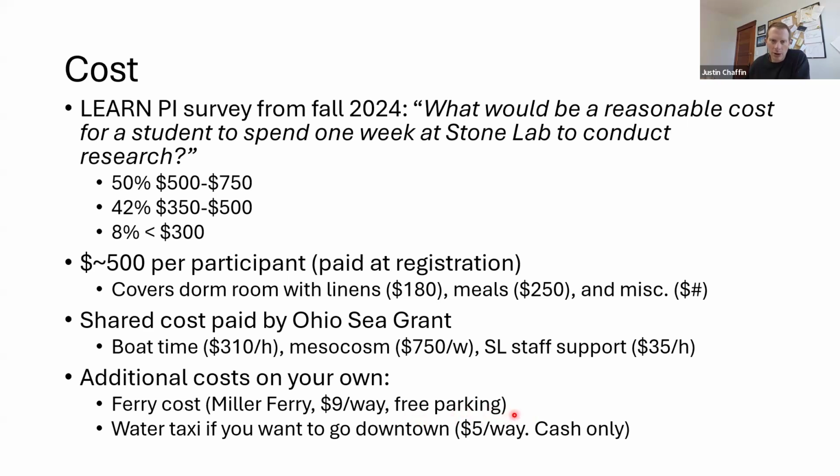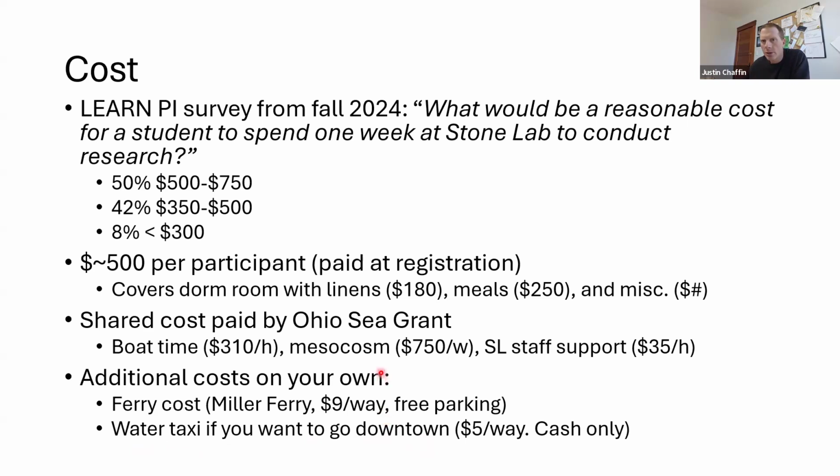There is free parking at the Miller Ferry, so we recommend if you're at least walking onto the ferry, take the Miller Ferry. And then if you want to go downtown in the evenings, if you have some downtime, there is a water taxi that will take us from Gibraltar Island to the boardwalk, which is $5 per person, one way and cash only.